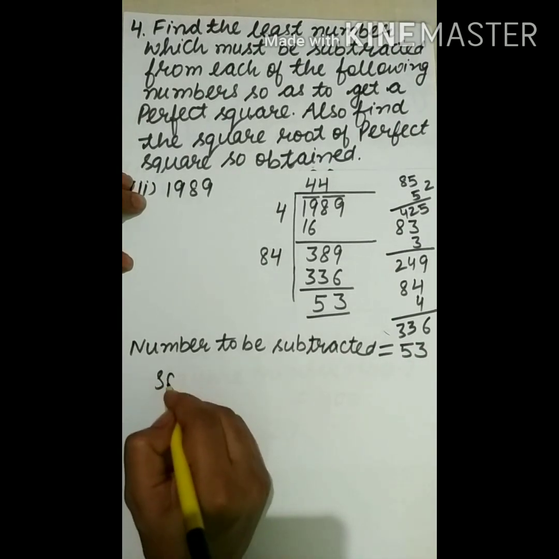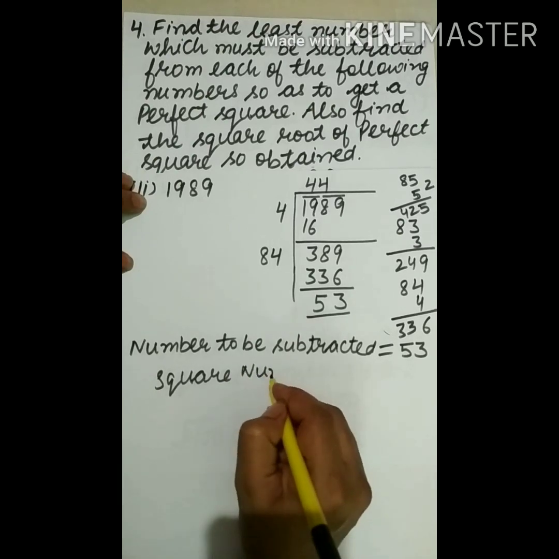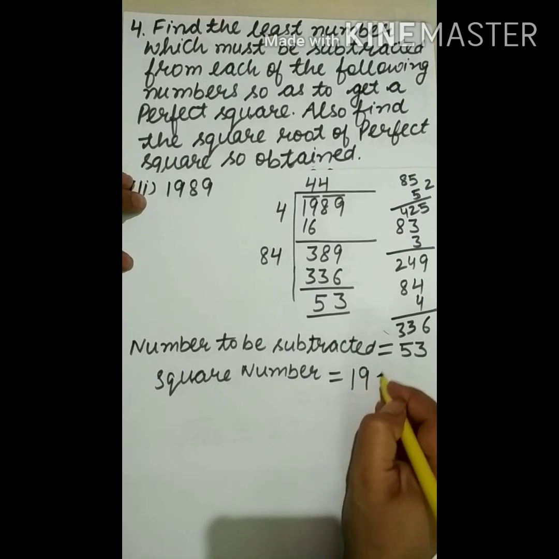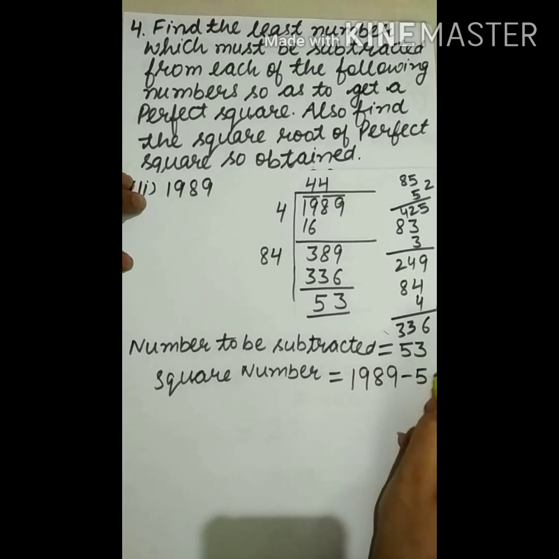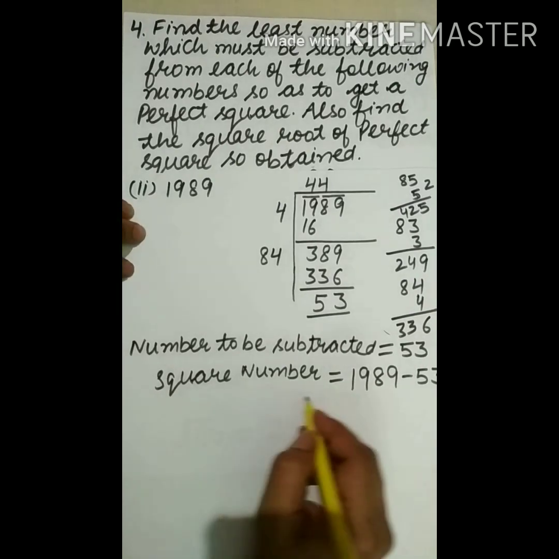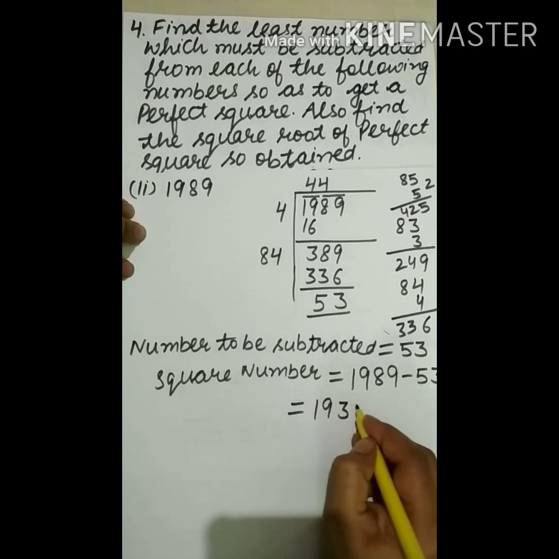So the square number will be 1989 minus 53. So it is equal to 1936. So this is the square number.